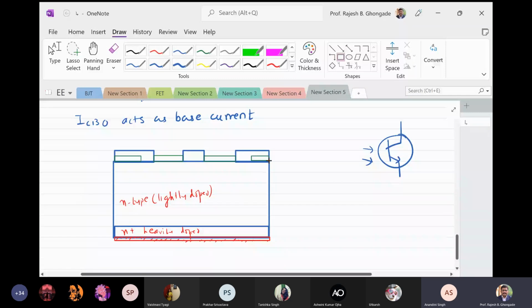So again, this is the SiO2 layer. This is again the metal contact.